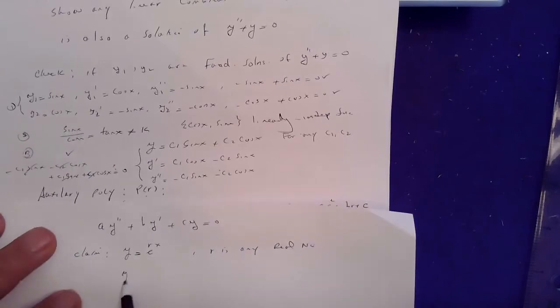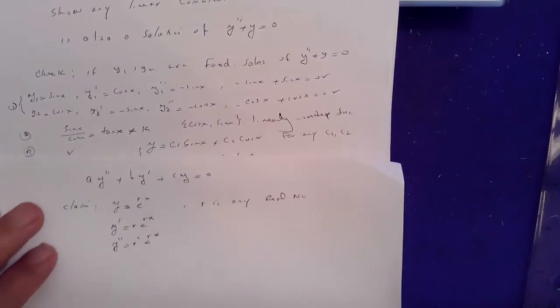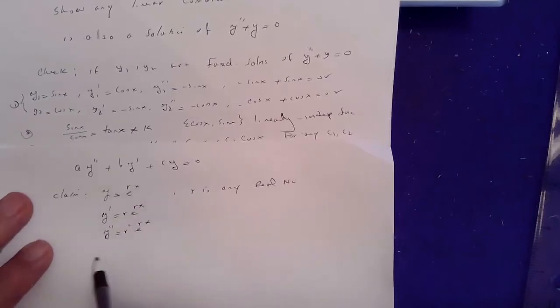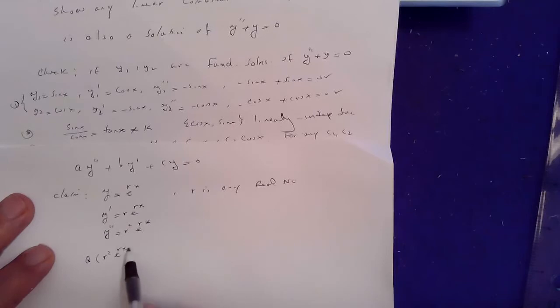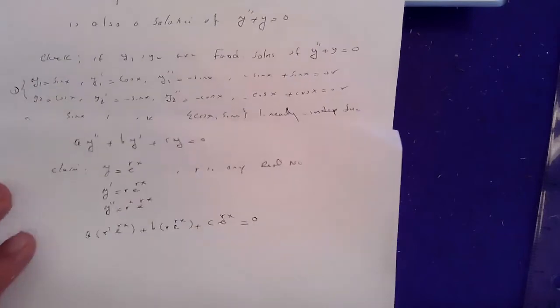If I take the derivative, that's r e to the rx; one more derivative, that's r squared e to the rx. If I substitute these into the original differential equation, I get a r squared e to the rx plus b r e to the rx plus c e to the rx equals 0.